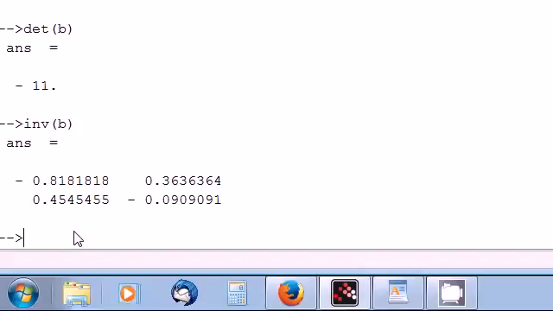So we can also, for example, find the inverse in this way. Let's create one identity matrix, 2 by 2.